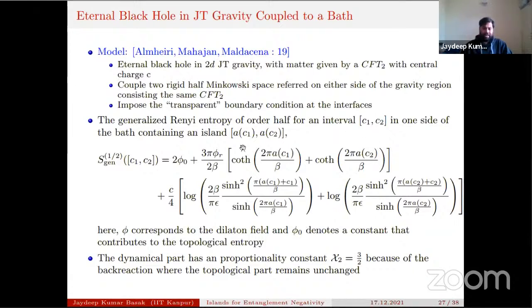Now it has an island AC1 and AC2. In that case, we again write the generalized Rényi entropy of order half in the specific form. Here also we see that the proportionality constant chi2, which is 3 by 2 again, is multiplied in the second and third term only, not the first term.